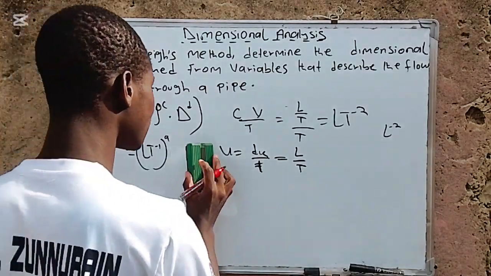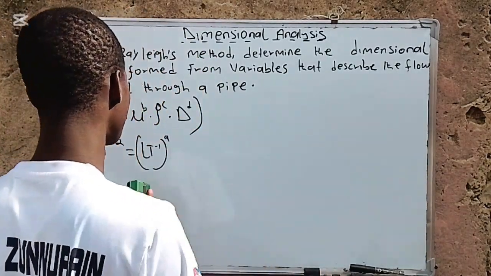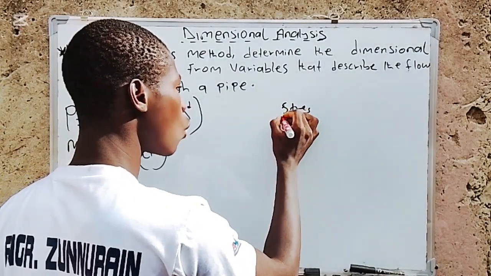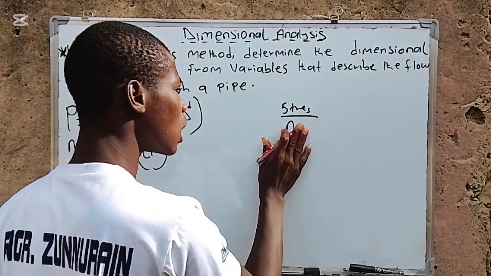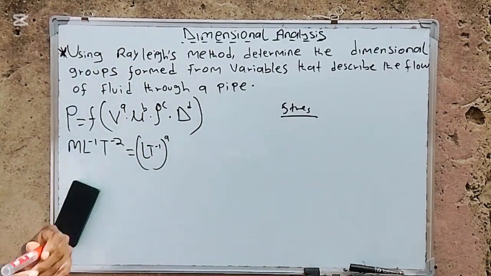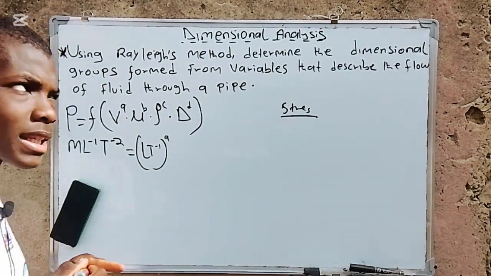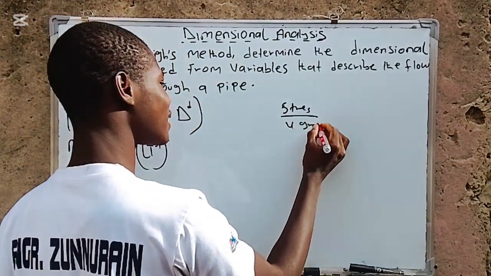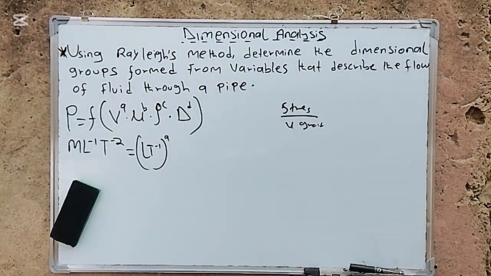So the next thing is that we are going to see the dynamic viscosity is the same thing as stress over the velocity gradient. What is the dimension of dynamic viscosity? It is stress over, sorry, velocity gradient. I'm about to forget it.